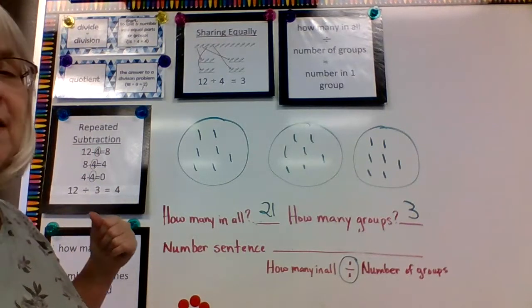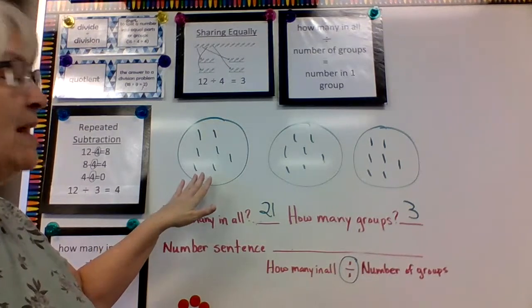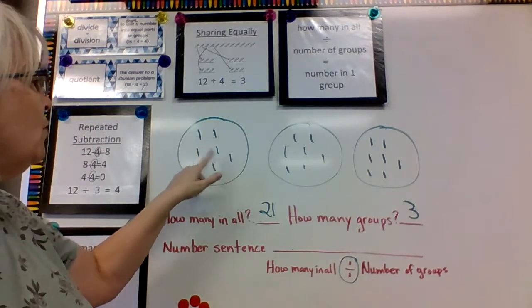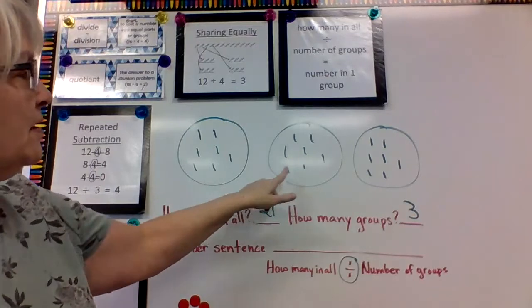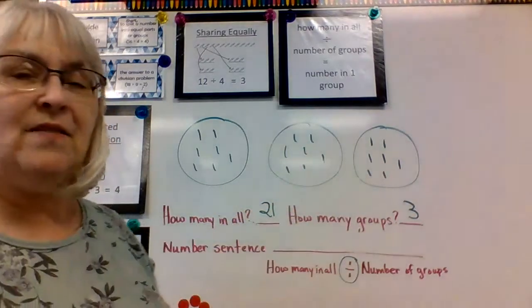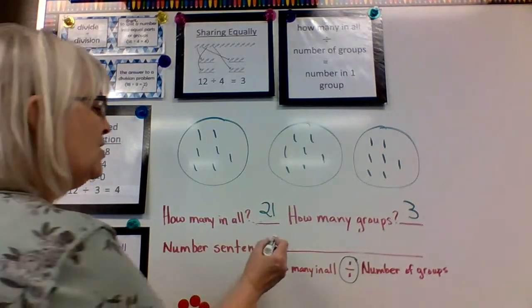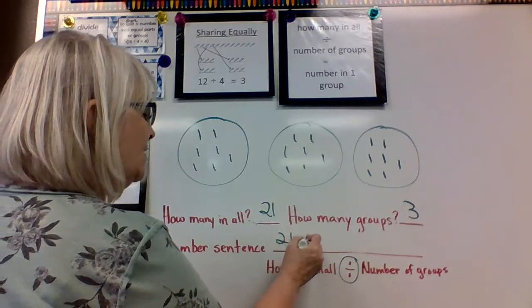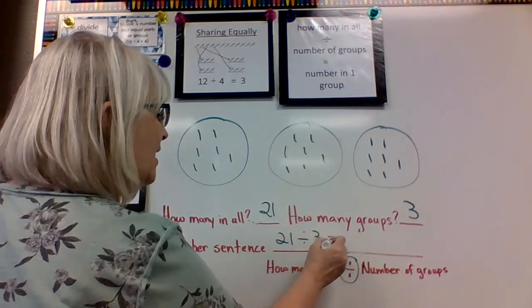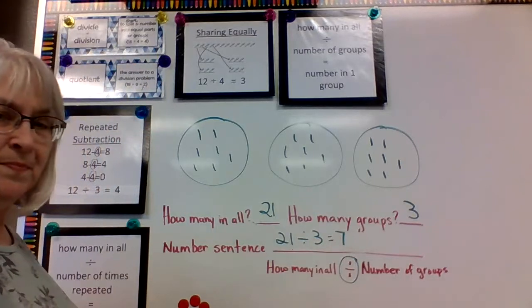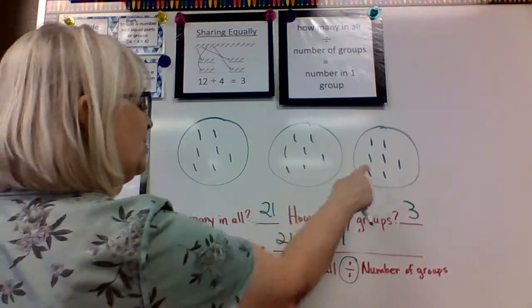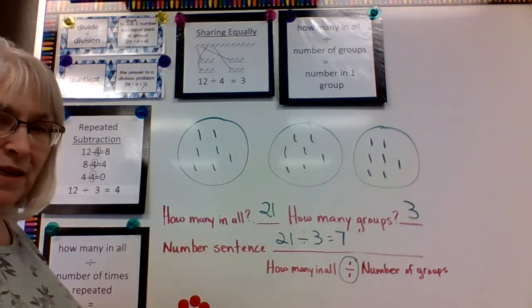Now we can look and see how many apples go in one basket or each basket. 1, 2, 3, 4, 5, 6, 7. Did I get 7? And did I get 7? Yes, so I shared equally. So 21 divided by 3 equals 7. 3 groups with 7 in each one.